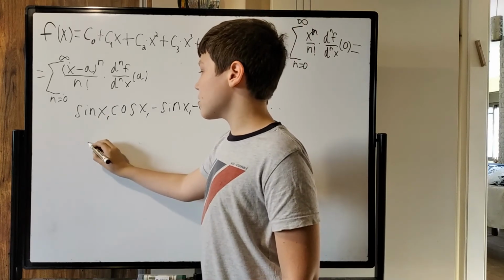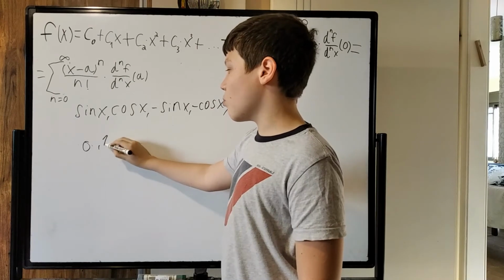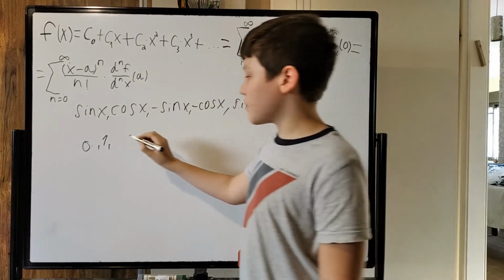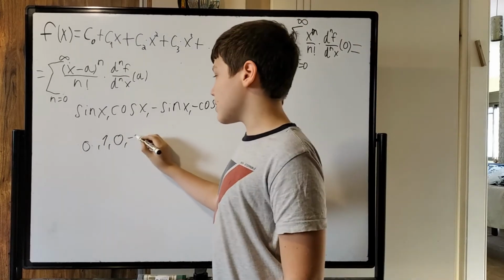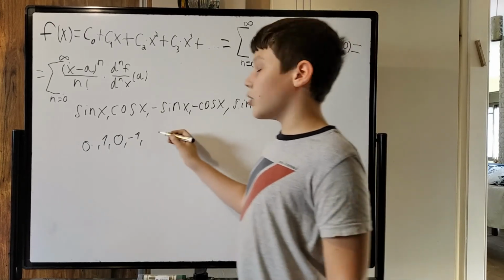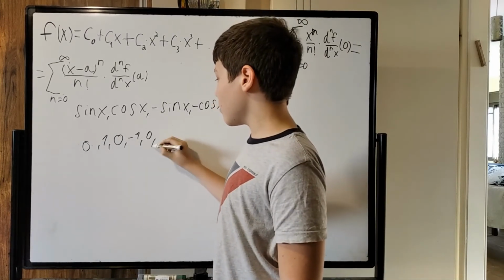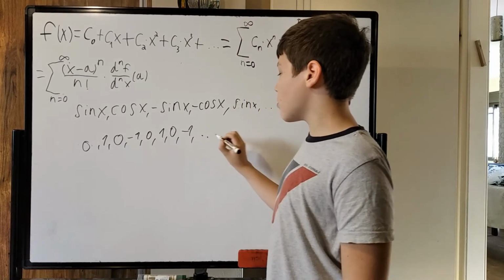Sine of 0, 0. Cosine of 0 is 1. Negative sine of 0 is 0. Negative cosine of 0 is negative 1. And then we're looping again. 0, 1, 0, negative 1, and so on.